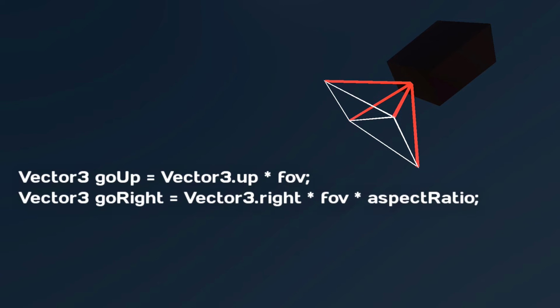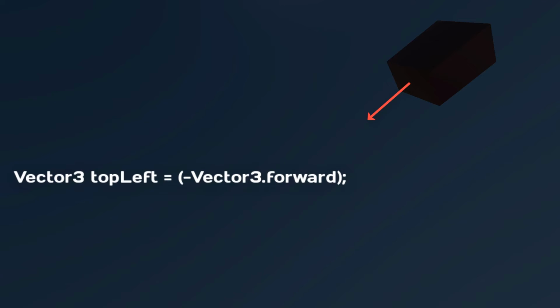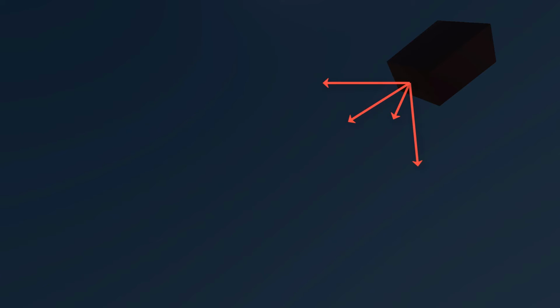We then calculate each of the four corners of the Frustum. We start with the top left corner. First we move backwards, which is equal to minus Vector3.forward. Then we go left, this is equal to minus go right. And then we add the go up vector. Once we have all positions, we store them in a matrix.